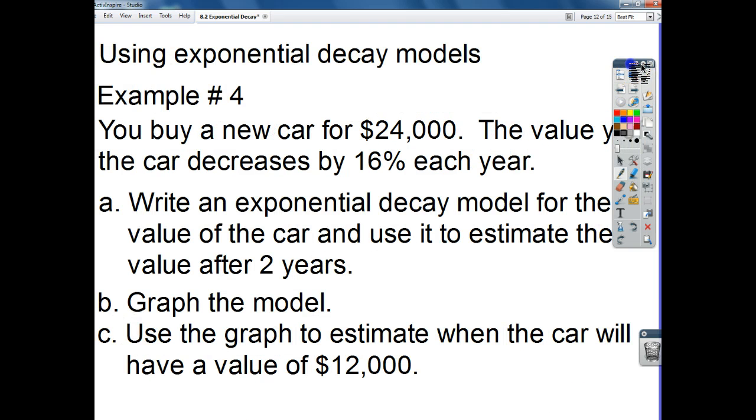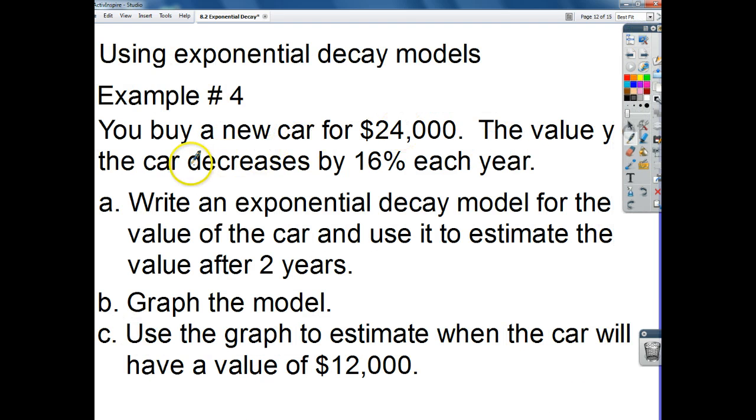Let's go to our first example here. All right, example 4, using exponential decay models. Okay, here you're going to buy a new car for $24,000, and I think you can still get them for that much. The value y of the car decreases by 16% each year.